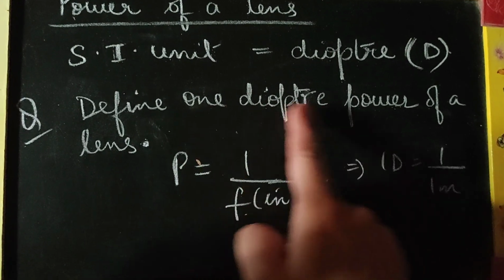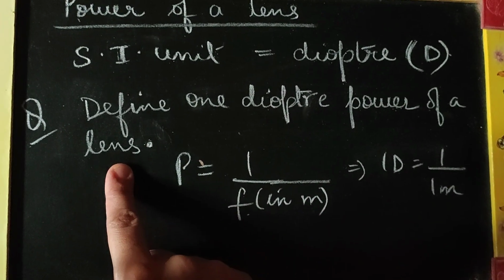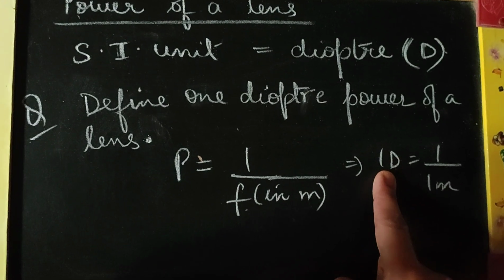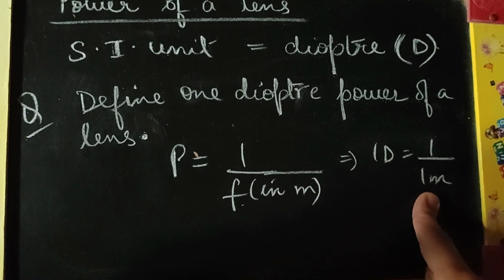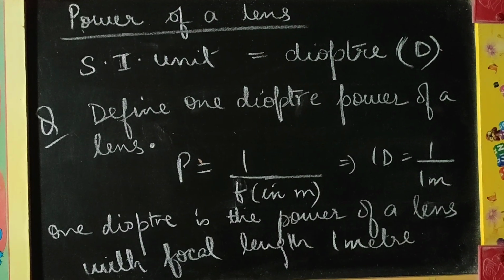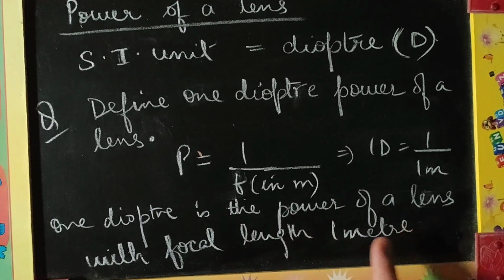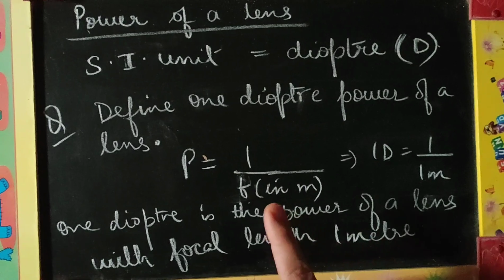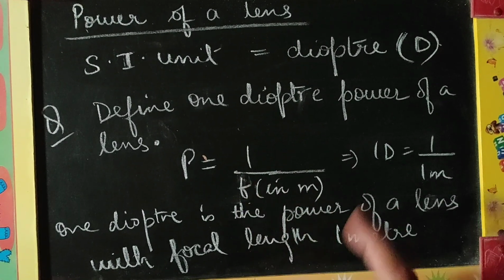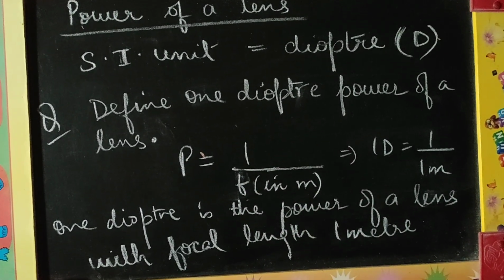So we define 1 diopter power of a lens as the power of a lens with focal length 1 meter, and this is how we show the justification of the statement.